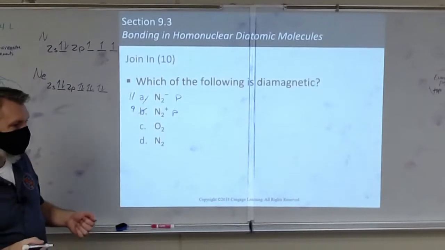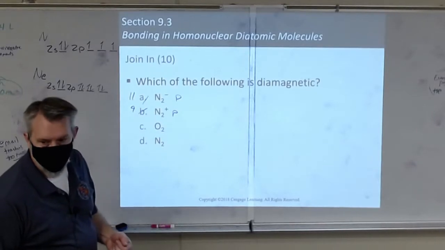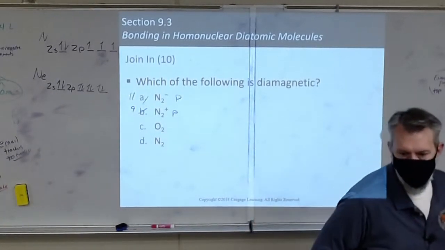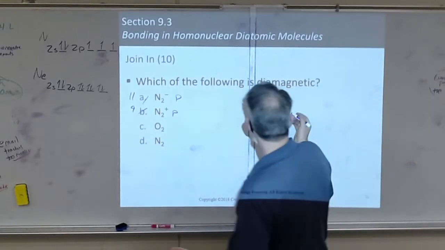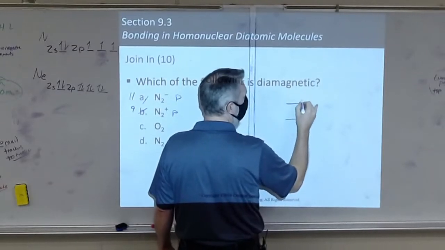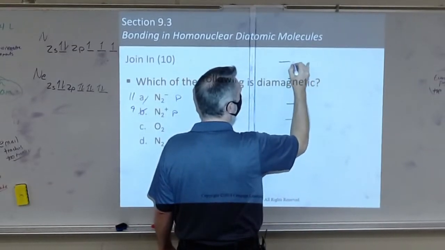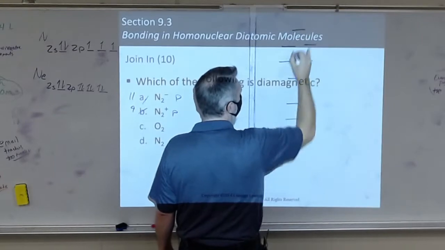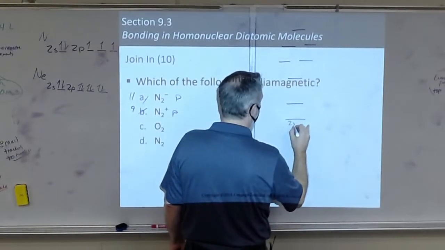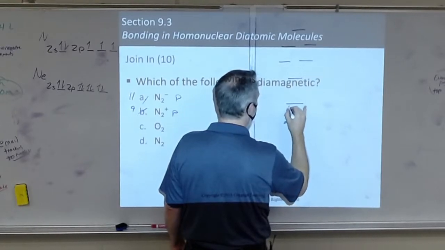O2 is paramagnetic. Why is that? Well, let's do O2, right? Let's do our little chart. Remember that? So I've got 2s. This is sigma 2s.